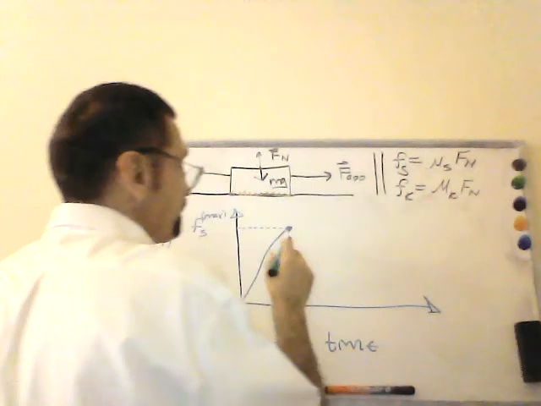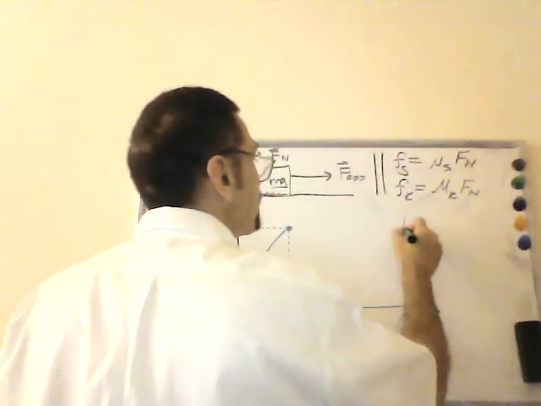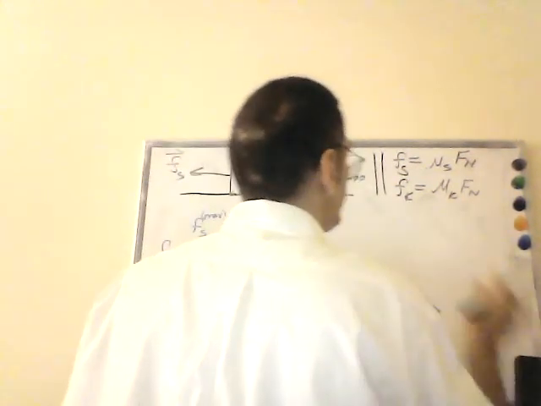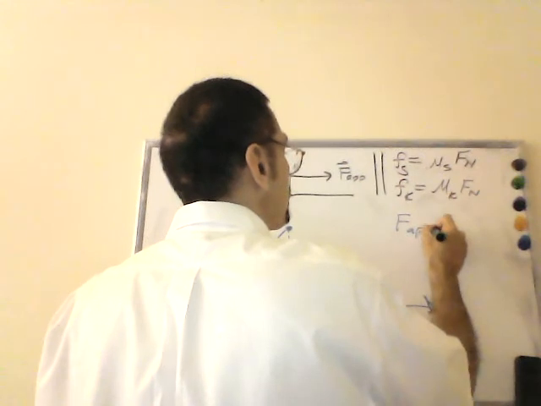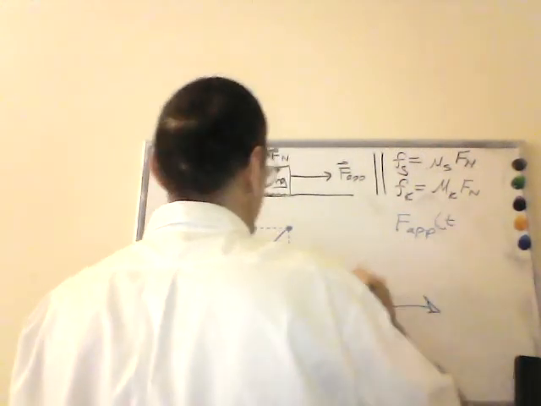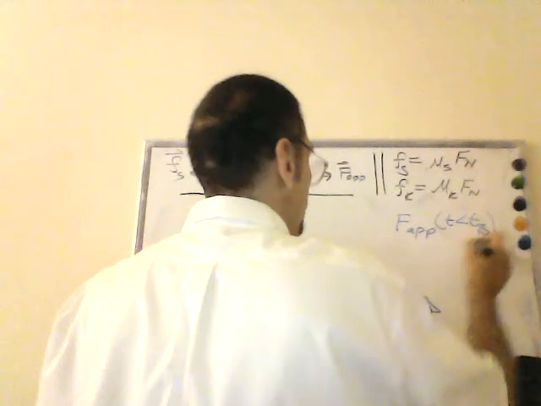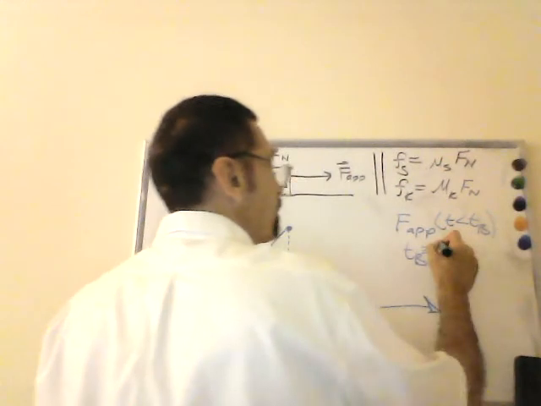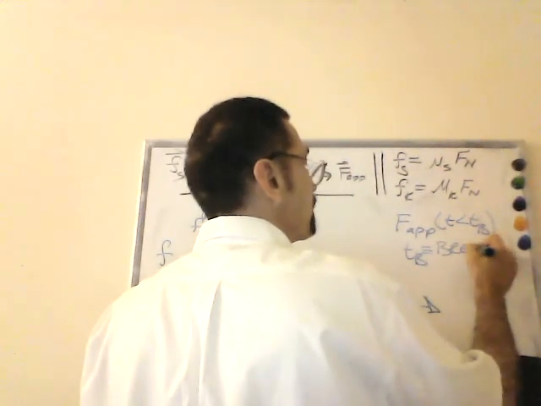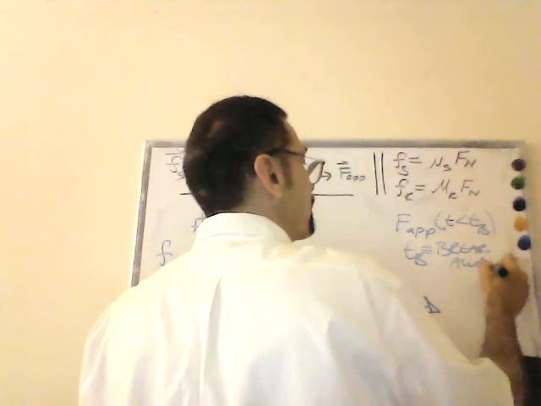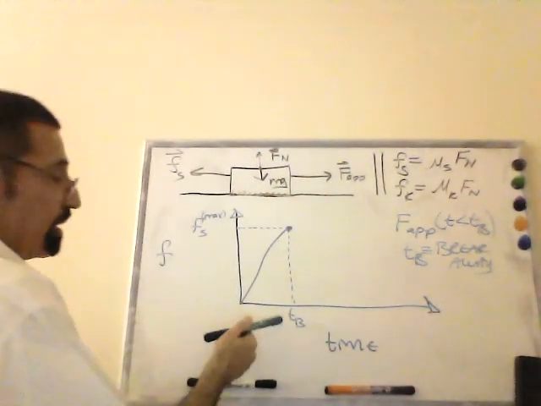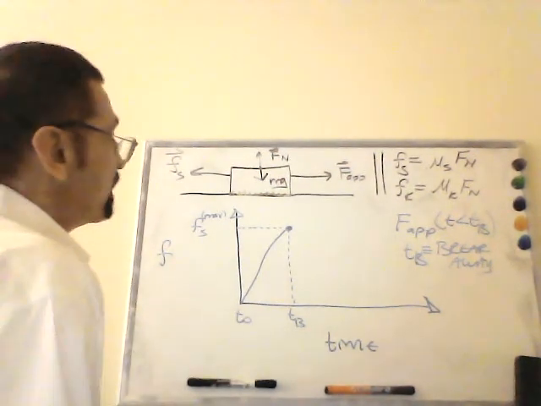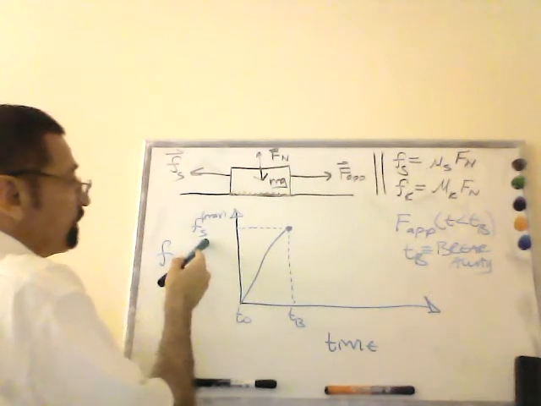What typically happens is that F applied, for T less than TB, where this TB I'm going to define as breakaway. In other words, the temporal point at which the applied force will overcome the frictional force.